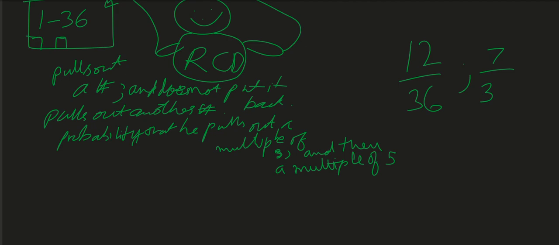Because total numbers are 36, right? But our friend does not put a card back, so what happens when you take one of the blocks out completely? Oh, okay. Yeah, 35. Okay, this is what Kaisha thinks, 7 over 35.